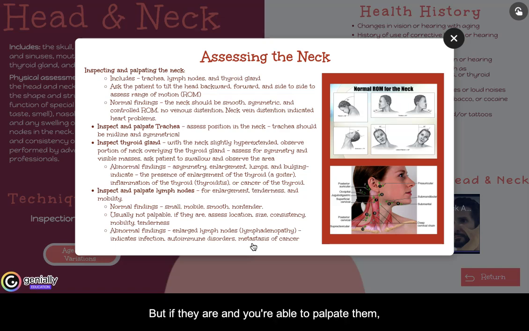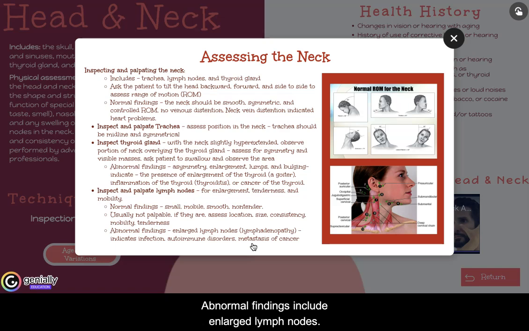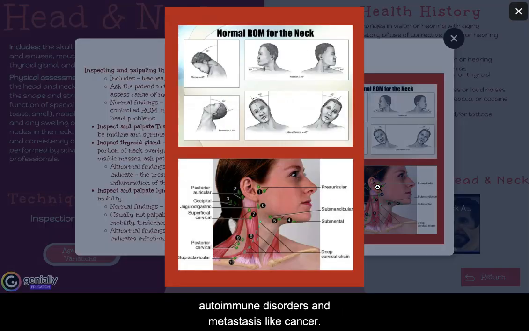Normally. But if they are and you're able to palpate them, then make sure you assess the location, size, consistency. Are they moving? Are they tender? Abnormal findings include enlarged lymph nodes. Lymphadenopathy indicates infection, autoimmune disorders, and metastasis, like cancer.